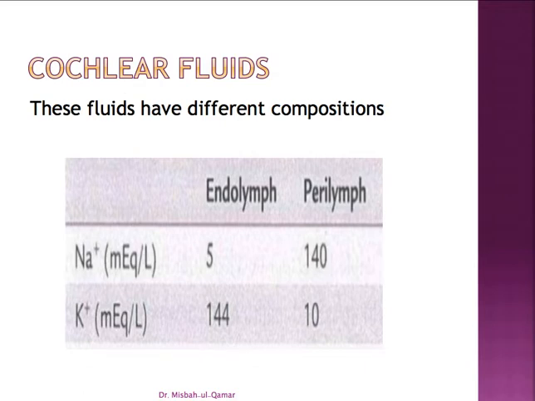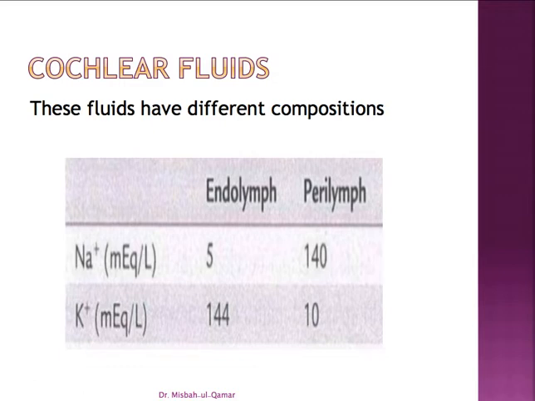Then the location is different. The perilymph is present in the scala tympani and scala vestibuli, while the endolymph is present in the scala media. And in the perilymph, the major cation is sodium, while in the endolymph, the major cation is potassium.